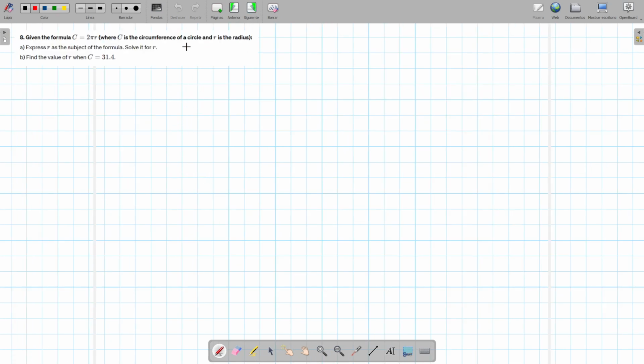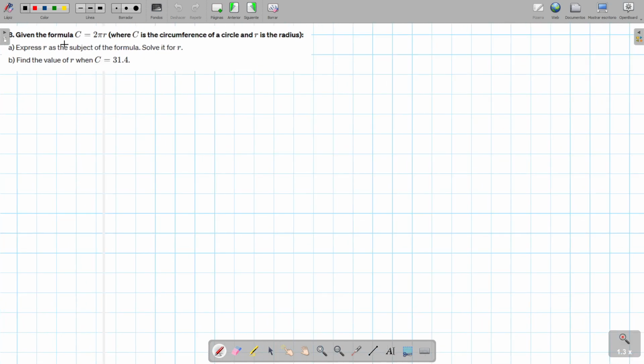Now, as one of the last exercises, we are going to work with some formulas. We have this given formula, c equals 2 pi times r, where c is the circumference of a circle and r is the radius. Now we have to express r as the subject of the formula. That means that we have to solve for the radius.